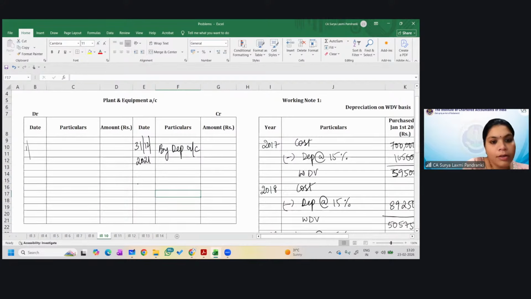On 1/1/2021, you will bring back the balance brought down and by balance carried down. And you will also have to write to bank account, which is the purchased new one. New asset is purchased. Take this also.